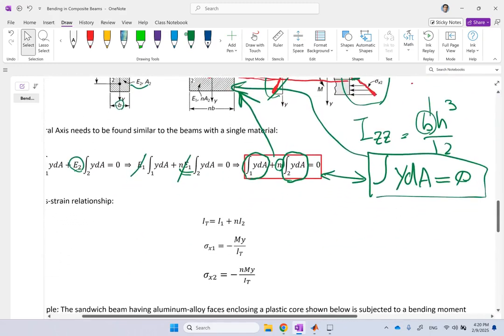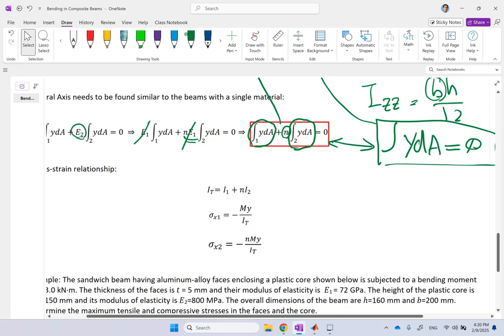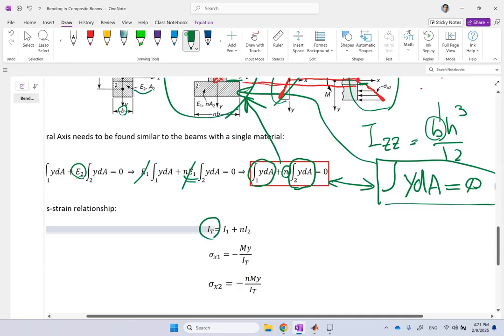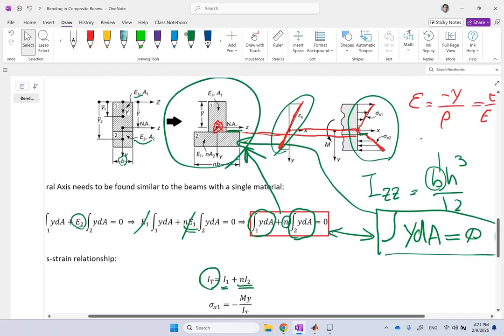And if you want formulas for that, sigma in the weaker material is still negative My over I. Which I? The I is the I of this combined section. I call it I total, and that is I of section 1 plus n times I of section 2.